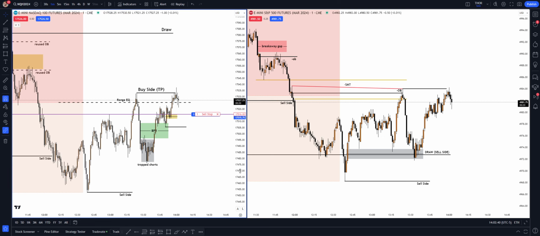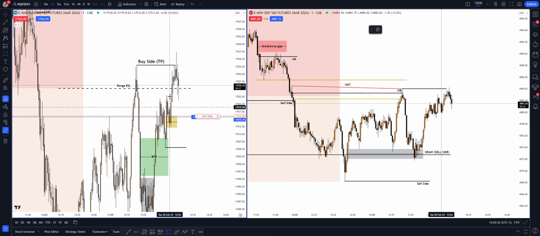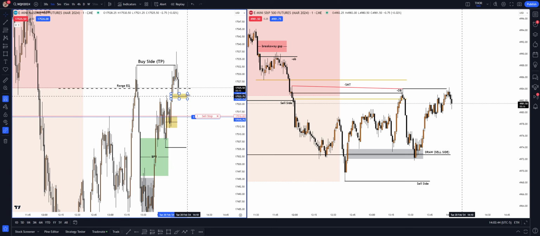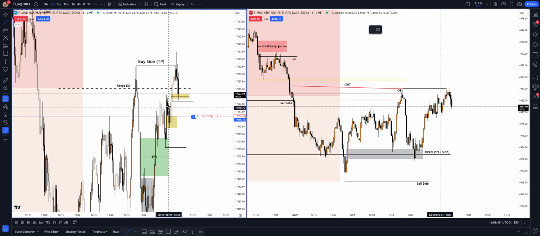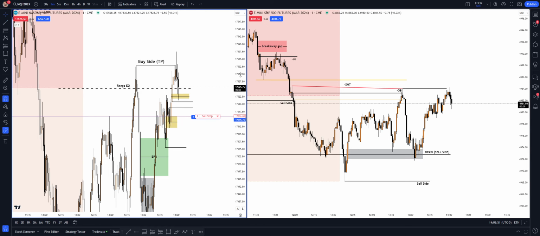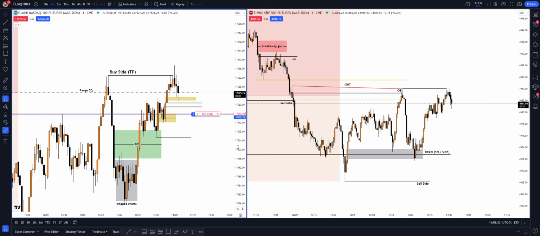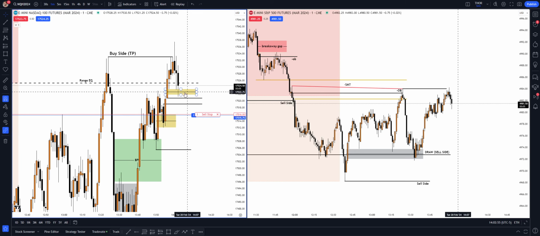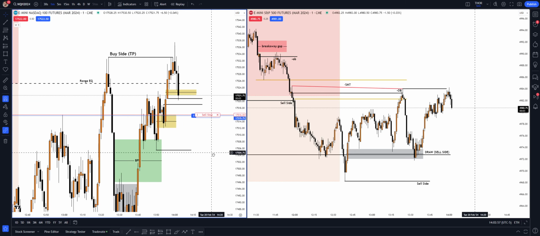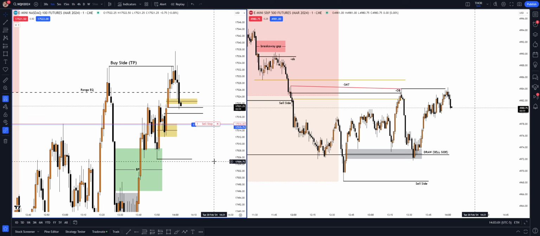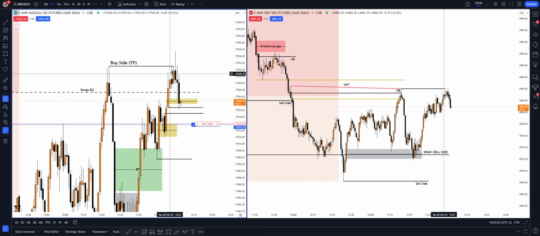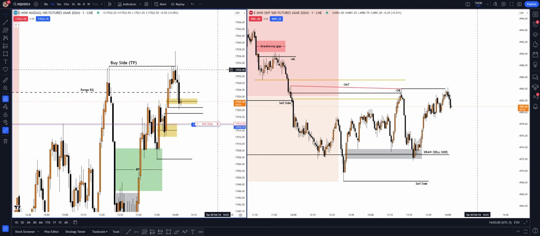So that fair value gap should be our silver bullet fair value gap here. And we also have this little tiny fair value gap lower, both in discount. I expect them to be respected. I don't like the reaction at the high though.